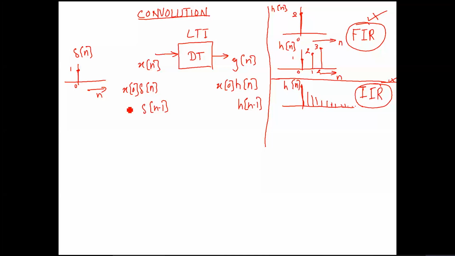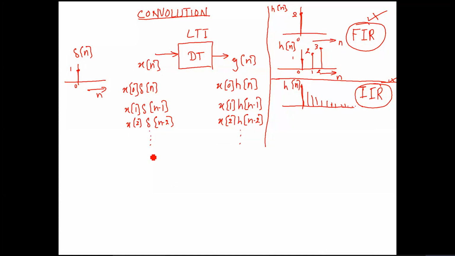And if we scale it by some factor, the output will also get scaled by the same factor. We can continue with this: if an input with some scaling factor and some delay is given, the output would be the same scaling factor with the delayed impulse response. And we can go on and on and on.